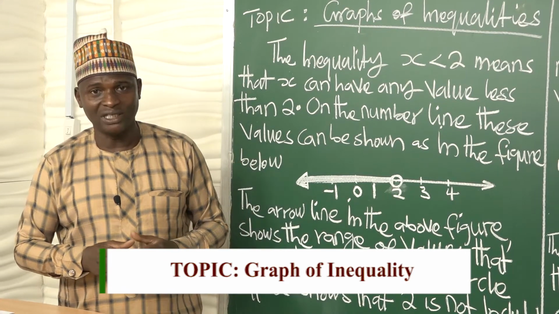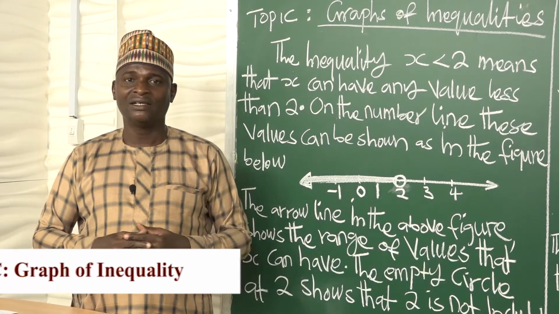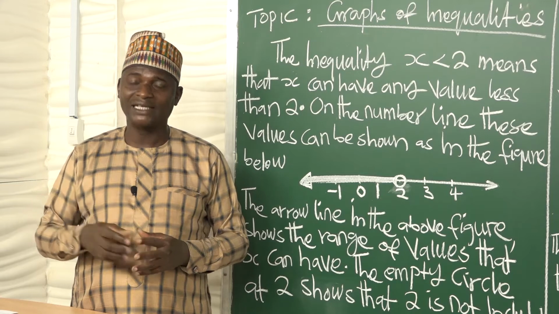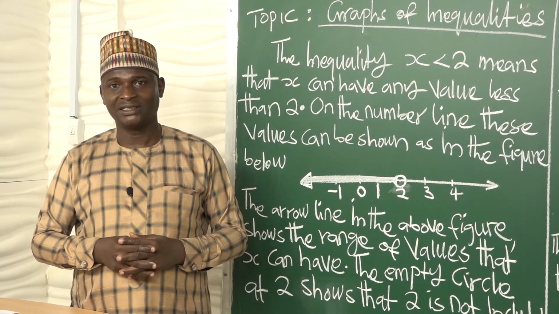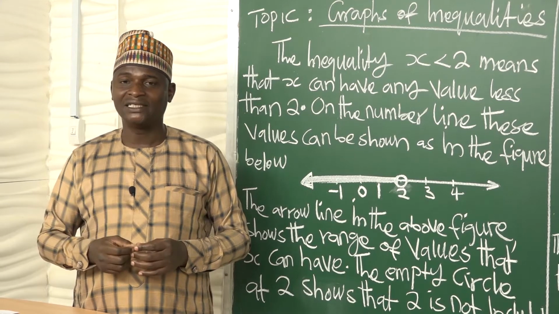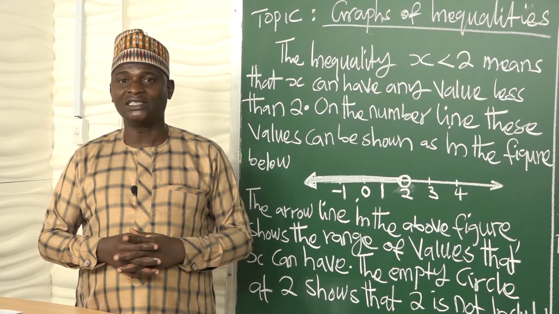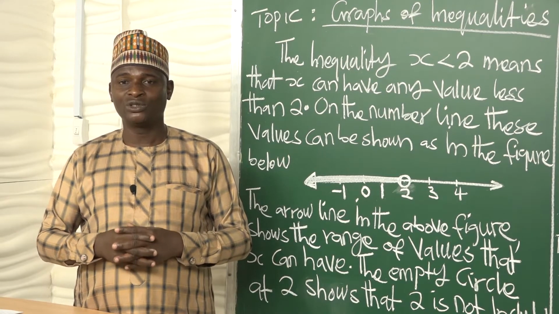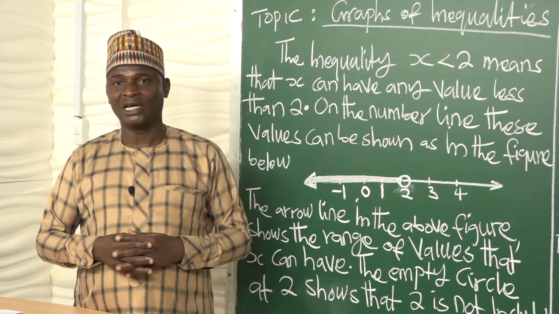Under graphs of inequality, we have to consider what we call the number line. That number line that you were taught in JS1 is the one we always use to draw inequality graphs. So when you are going to draw the inequality graph, you must use the number line.